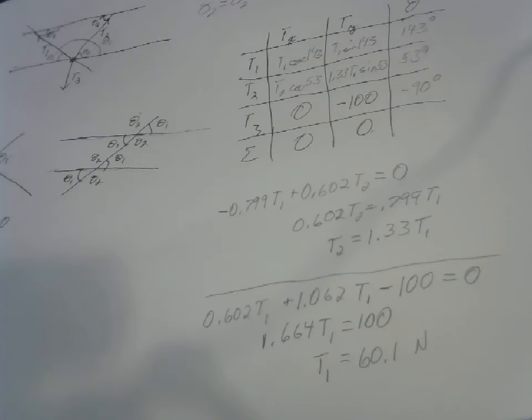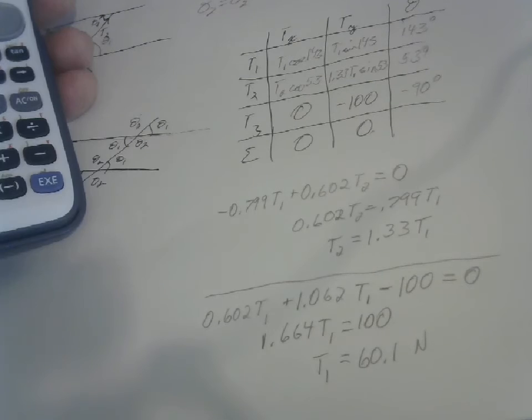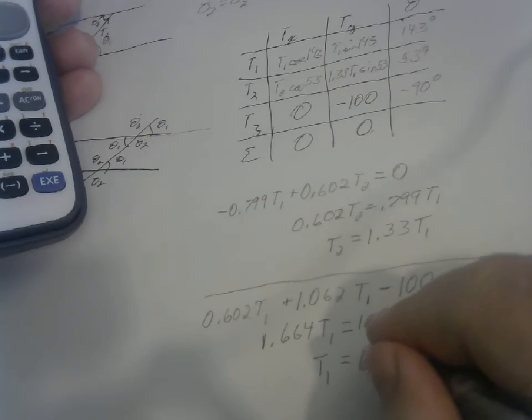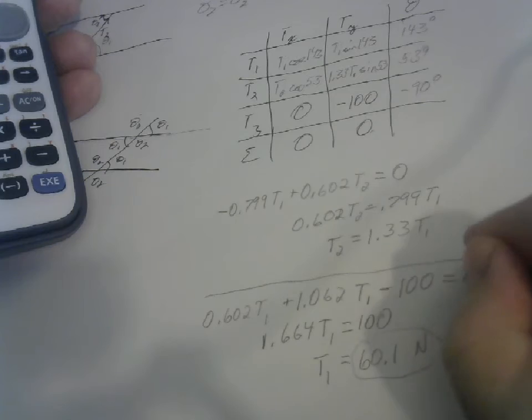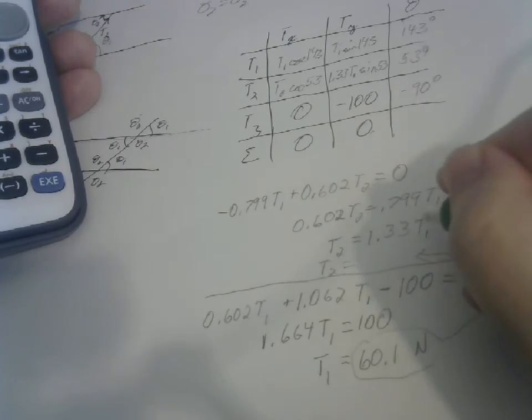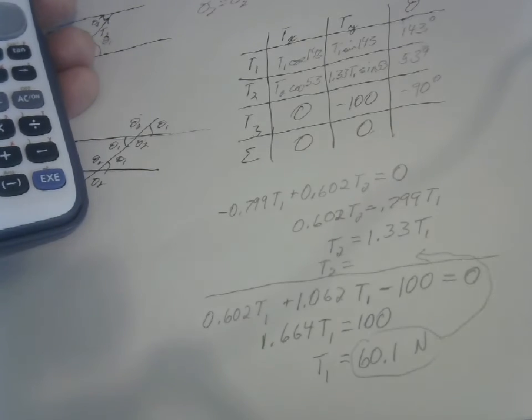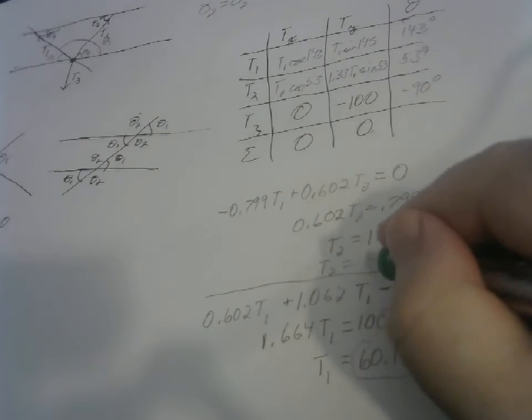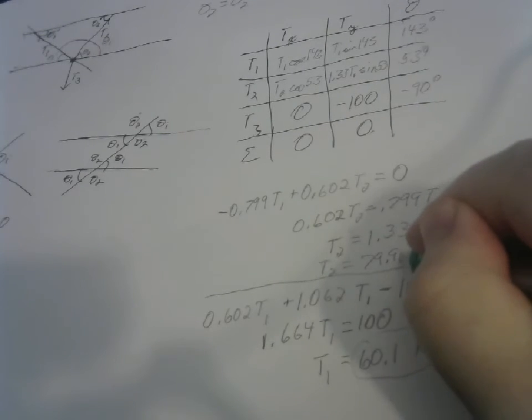And divide by 1.664, and I get 60.1 newtons. Then I take that number and plug it back in here to get T2 equals 1.33 times 60.1, which comes out to be 79.9 newtons.